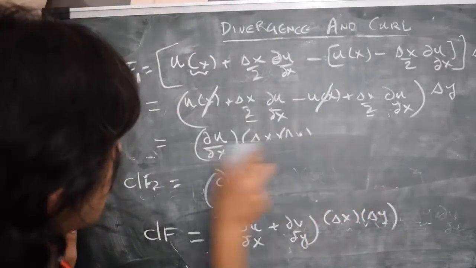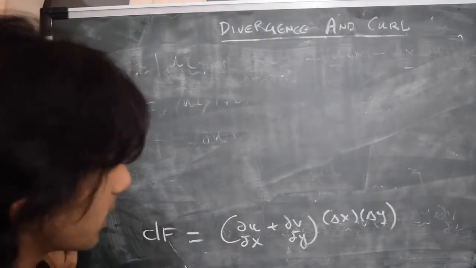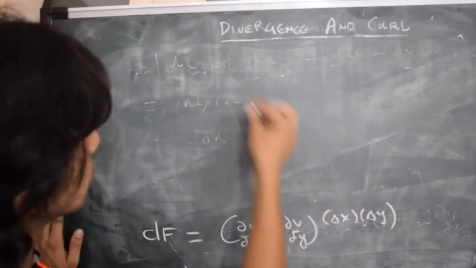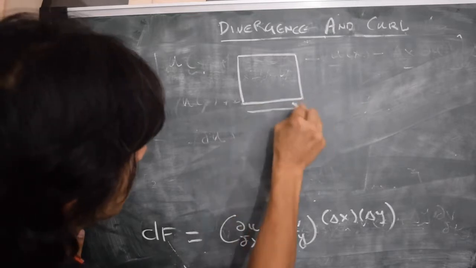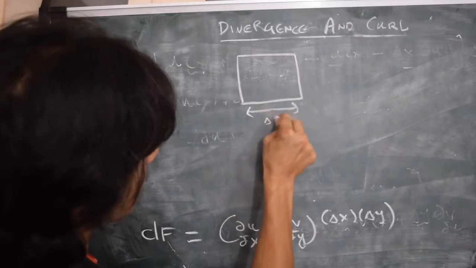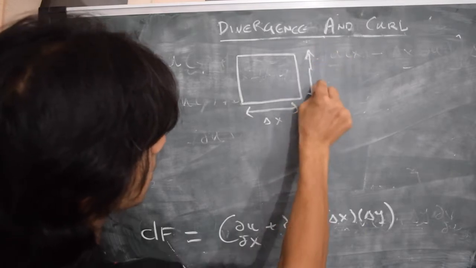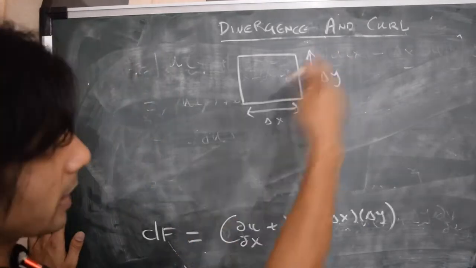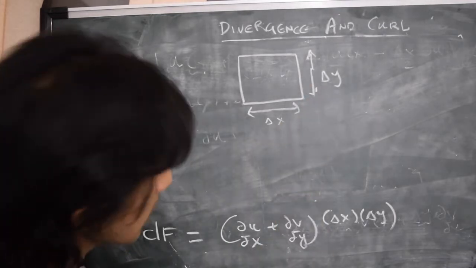Now this expression is the infinitesimal flux through a simple square rectangular loop with dimensions delta x delta y, of a vector field with components u, v in the two-dimensional plane.